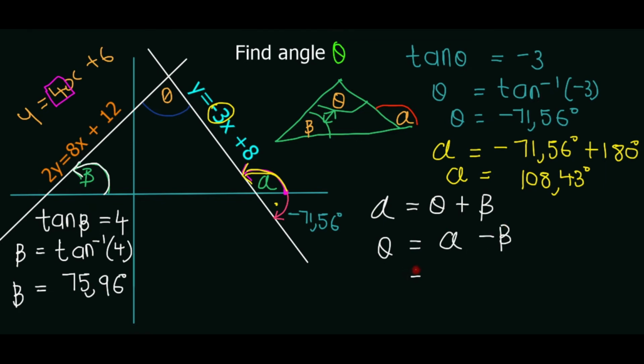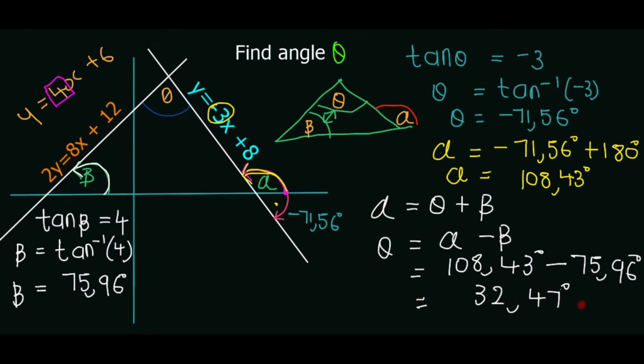So alpha, which is 108.43 degrees, minus beta, which is 75.96, and from there our answer is 32.47 degrees. So that's angle theta.